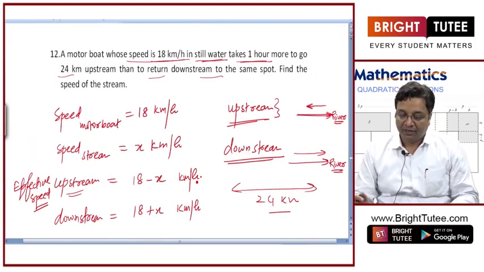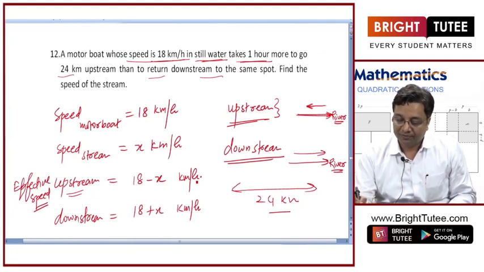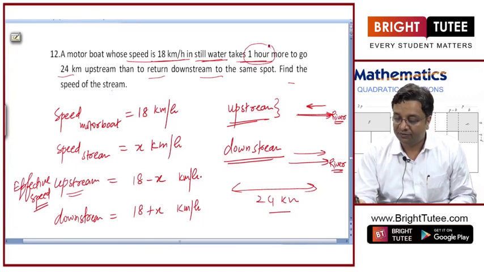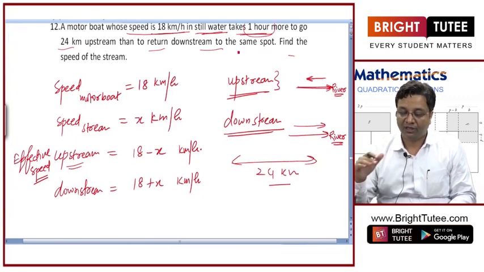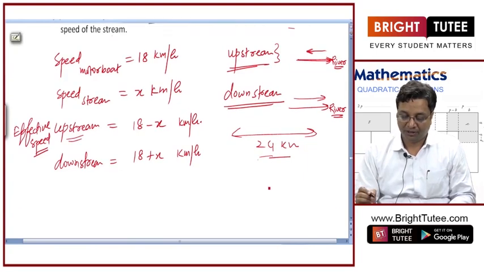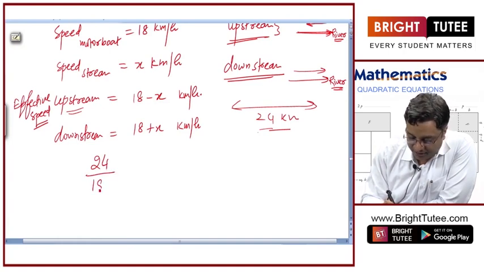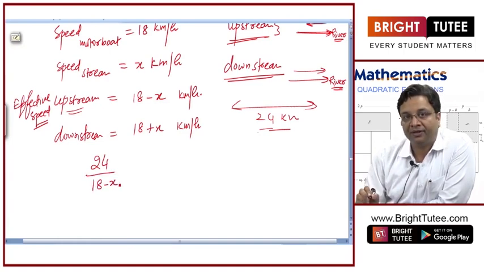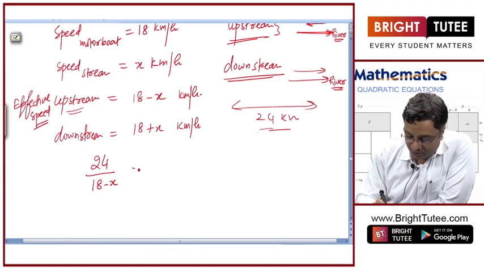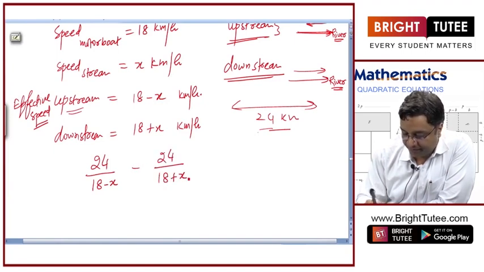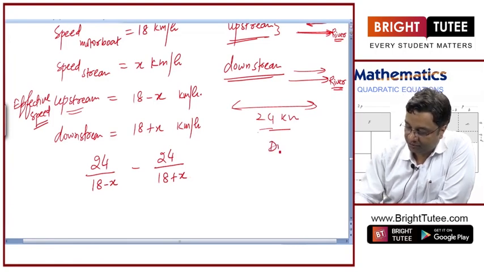Okay, now what I need to find is the speed of the stream, and it is given that there is a difference of 1 hour while going upstream and downstream, and the distance is 24 kilometers. So when I go 24 kilometers upstream, the time taken is this much, and when I go downstream, the time taken will be this much.